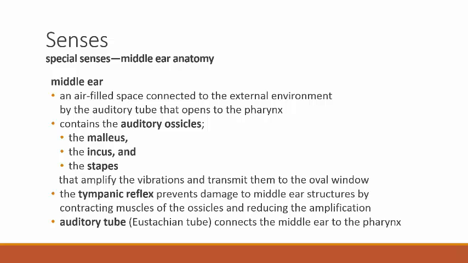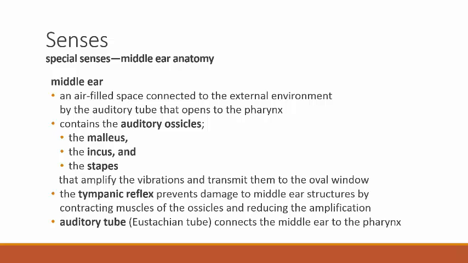The auditory tube connects down into the pharynx, so it moves from its more superior location where it empties into the middle ear, and then down to the pharynx where it empties into the pharynx. And the primary structures of the middle ear are the three auditory ossicles: the malleus, the incus, and the stapes.